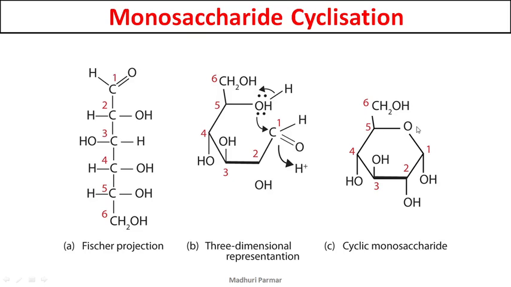And you get this kind of structure where the sixth carbon will be outside the ring, and you have a 1, 2, 3, 4, 5 membered ring with oxygen in between. Clear? So this is the cyclic monosaccharide. Again, OH, H, OH. You can see the trend follows, and this is nothing but a glucose molecule in cyclic form.